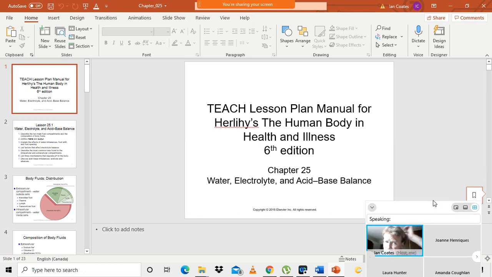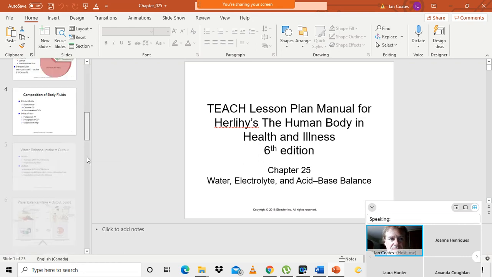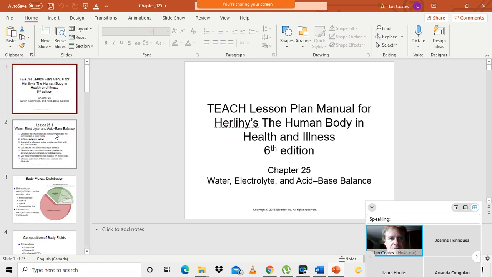It kind of worked well with another section at the start of the course, but you really can't do this section until you've covered all the organ sections. And you have. So let's have a look. What we're talking about is water, electrolytes, and acid-base balance. It's not that bad of a lecture, it's only 20 slides or so.